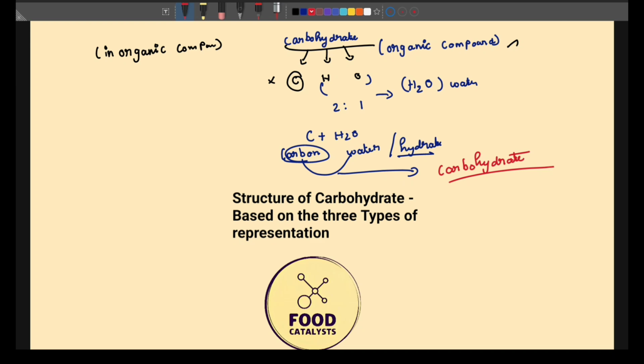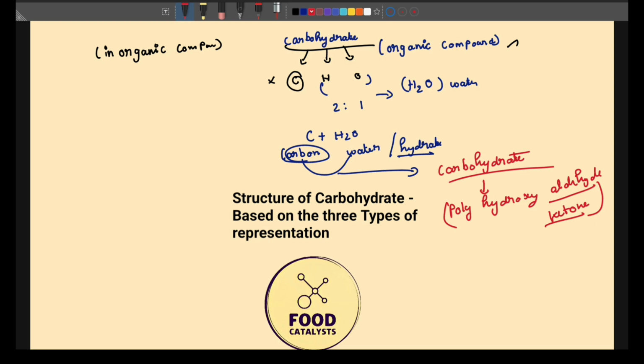But in a more complex format, we have to name this polyhydroxy aldehyde or polyhydroxy ketone. This is very important. Aldehyde and ketone are the functional groups, and there are some derivatives from these two, polyhydroxy aldehyde and ketone.